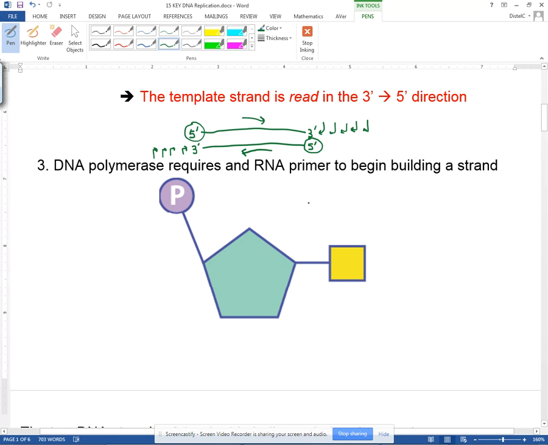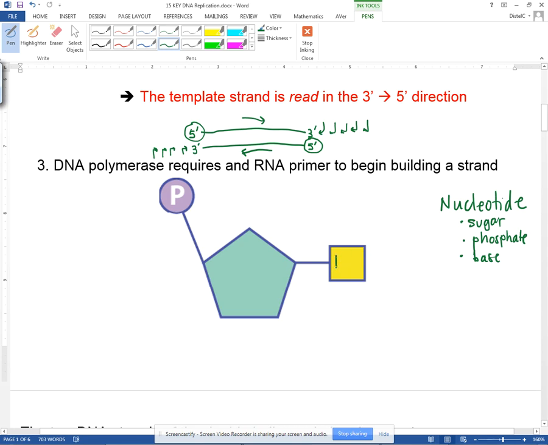So what we need to look at is the structure of a nucleotide, and then we're going to revisit what it means to be an RNA primer. Let's label a couple of things on this nucleotide. First of all, you should recognize that this is a picture of a nucleotide, and it's got 3 components: a sugar, a phosphate group, and a nitrogenous base.